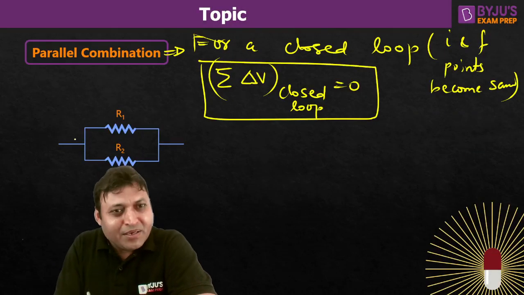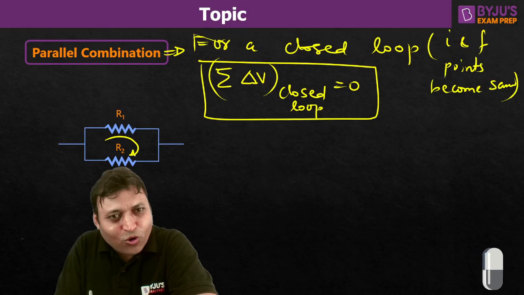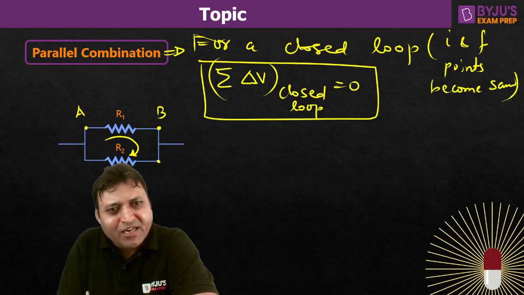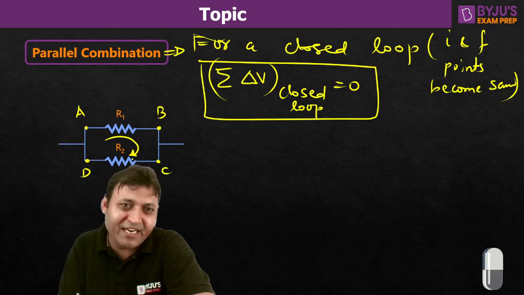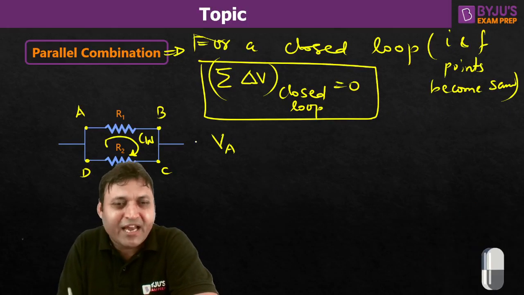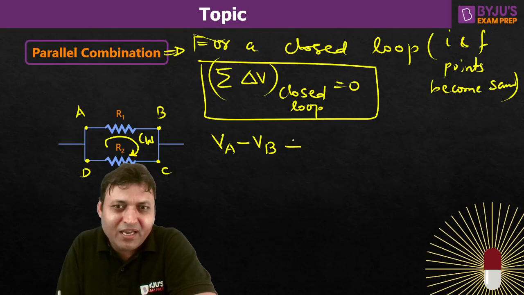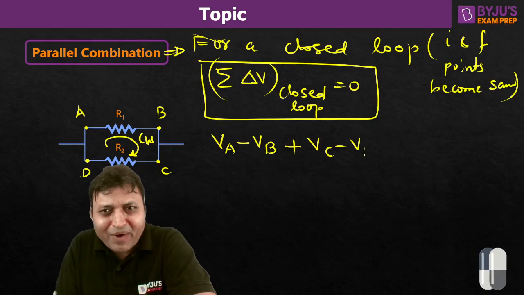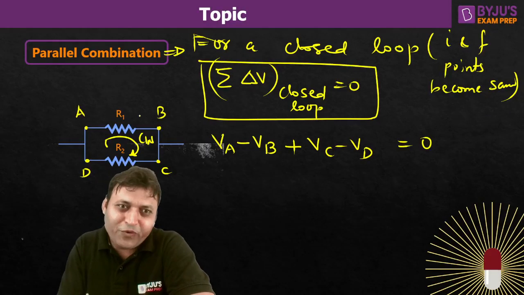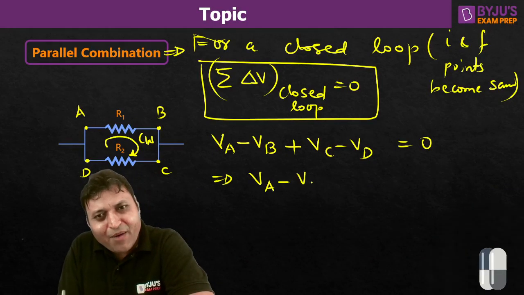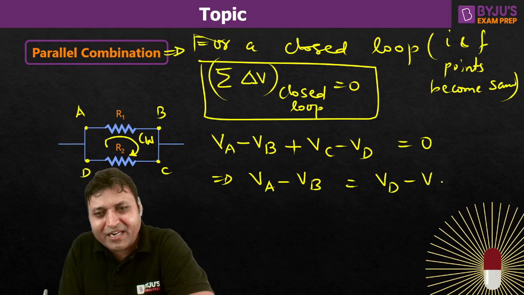And when there are resistances in parallel, it will form a closed loop. Parallel resistance. Let me call this as A. Let me call this as point B. Let me call it point D. What we can say here is, if we move in clockwise direction, VA minus VB plus VC minus VD is equal to 0, or we can say VA minus VB is equal to VD minus VC.